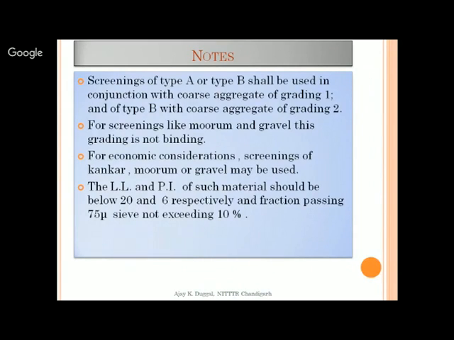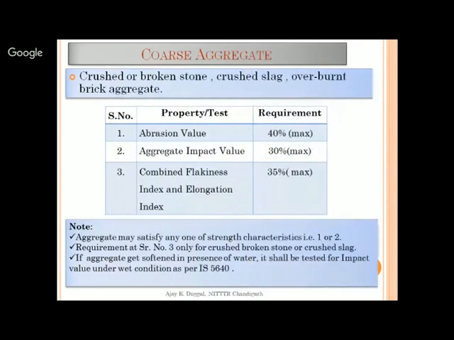In a similar fashion, as we talked of the GSB, here the liquid limit should be less than 20 and PI should be less than 6 for the material, and fraction passing 75 micron should not exceed 10%. So before you actually start the work, you need to take a stockpile of these materials at the site. The stockpile would consist of the aggregate as well as the screenings.